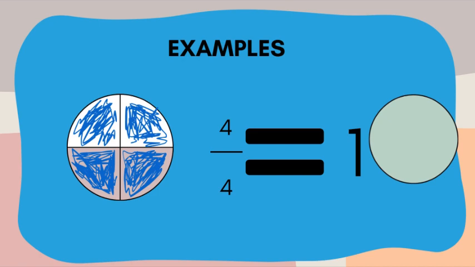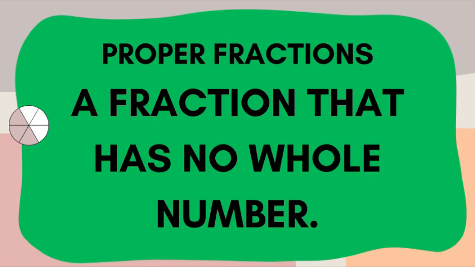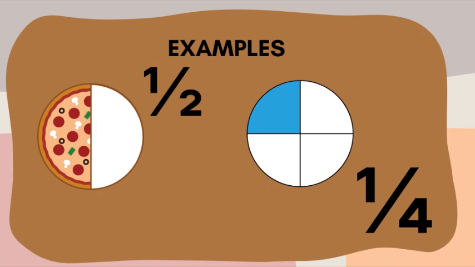What is a proper fraction? This is a fraction that has no whole number. The numerator is smaller than its denominator. Proper fractions are less than one whole. For example, we have a half.